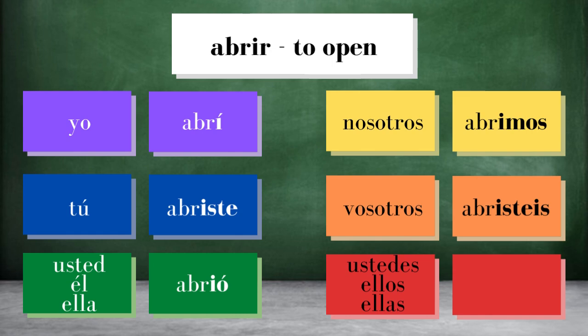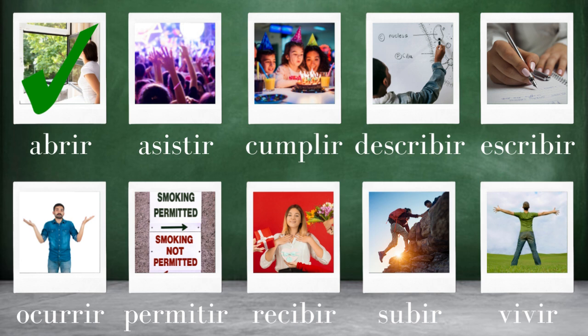And how do you say you all or they opened? Abrieron. Buen trabajo. Okay, so now we've learned how to conjugate the verb abrir in the preterite tense.